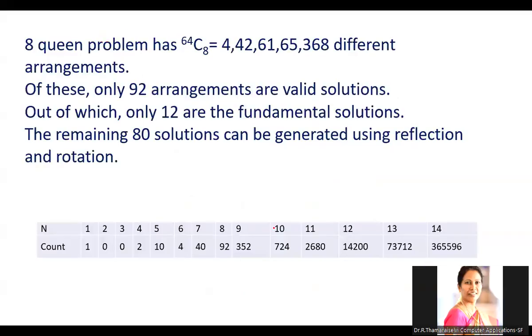The 8 queens problem has 64C8 possible arrangements, which is equal to a very large number. That many different arrangements are there. Out of these, only 92 arrangements are valid solutions. Out of which only 12 are the fundamental solutions. The remaining 82 solutions can be generated using reflection.